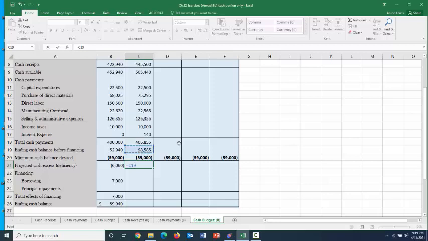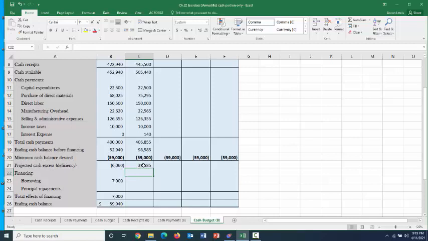If we take that $98,585 and subtract from it our $59,000, how far in excess? $39,585, which is more than sufficient cash excess to pay off that $7,000 debt that is owed.